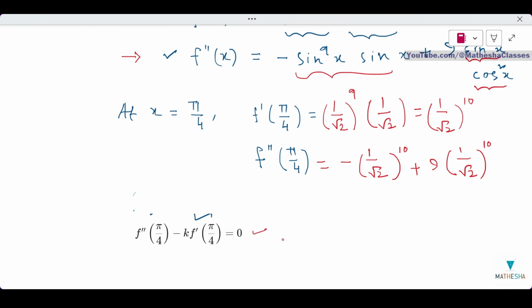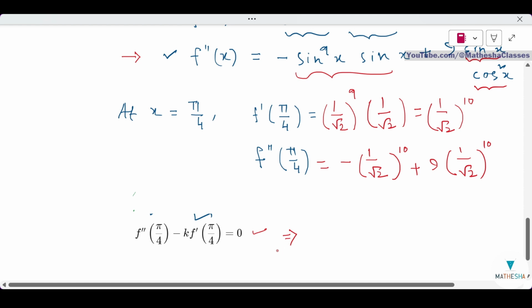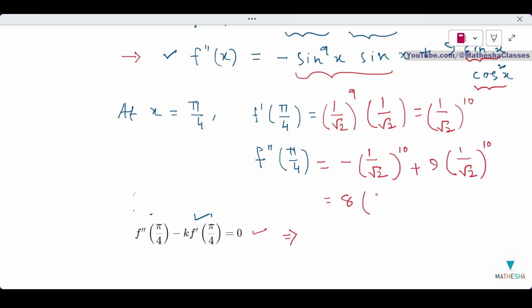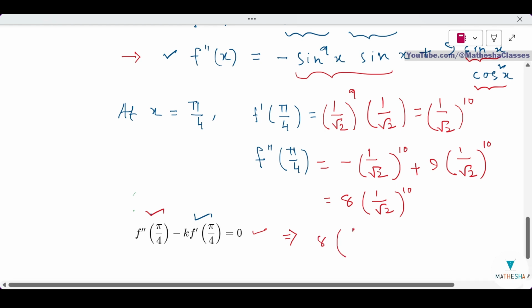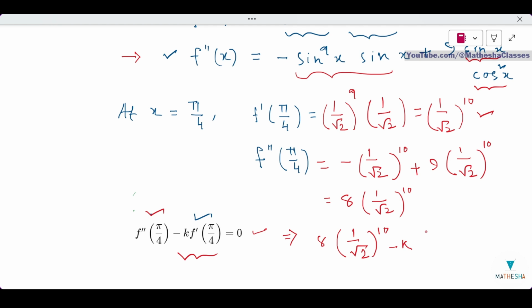Now if you put the values, f''(pi by 4) is 8 times (1 by root 2) to the power 10, minus k times f'(pi by 4), which is (1 by root 2) to the power 10, and this is 0.